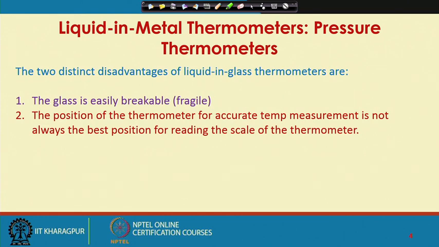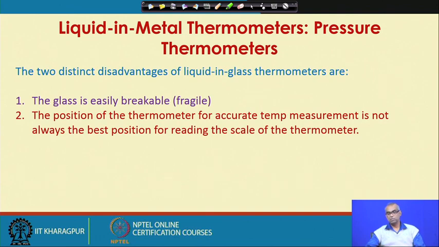So, let us start with liquid in metal thermometers. The principle of operation is very much similar to liquid in glass thermometers. Liquid in metal thermometers are also known as pressure thermometers. There are two distinct disadvantages of liquid in glass thermometers.